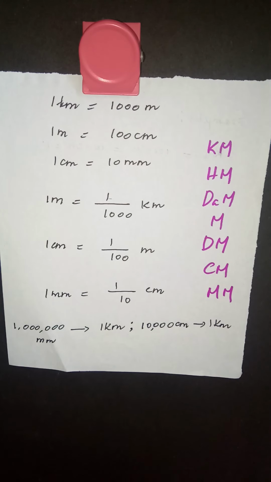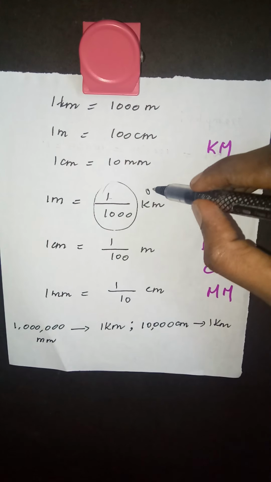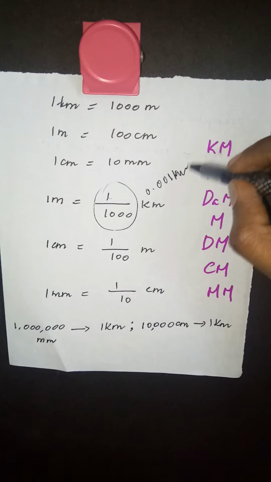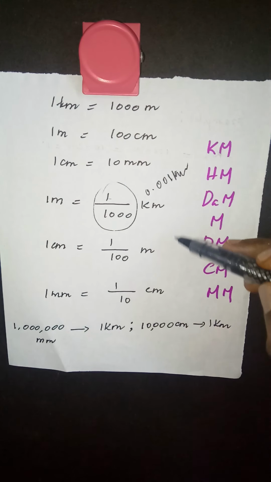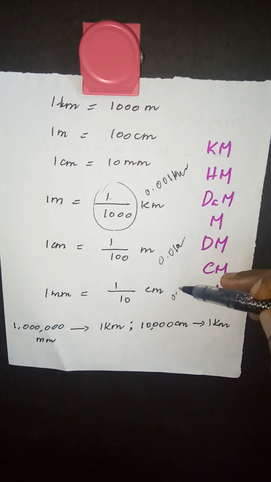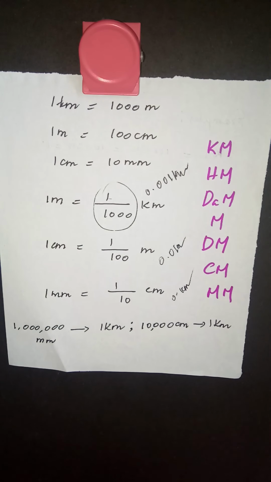So if there are 3 zeros, how will you write this? Write this as 0.001 kilometer, because 3 zeros. Same way, this one is 0.01 meter. This is 0.1 centimeter. Okay, this is how you have to do the conversion.